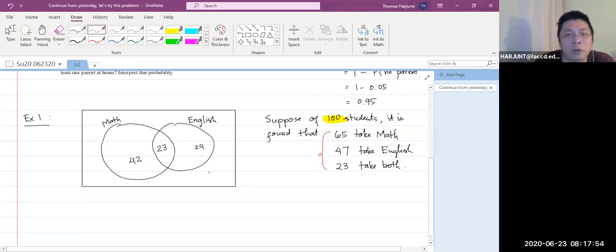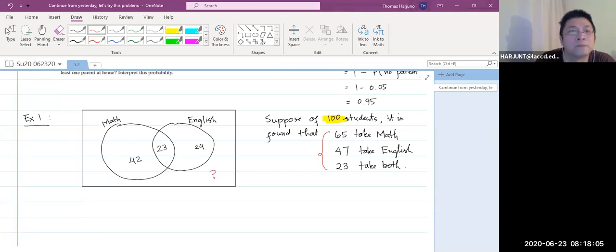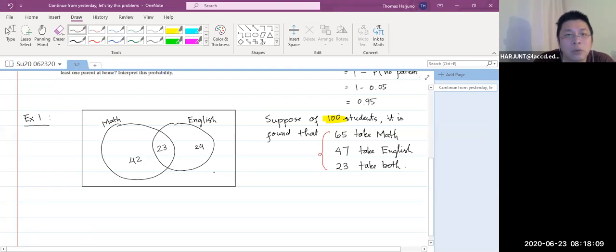That's the one we put out here. Okay, and our friend says it's 100 minus 42 minus 23 minus 24. That's right, which is 12. That will be 12 here.